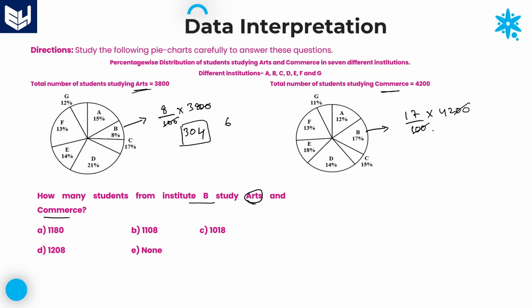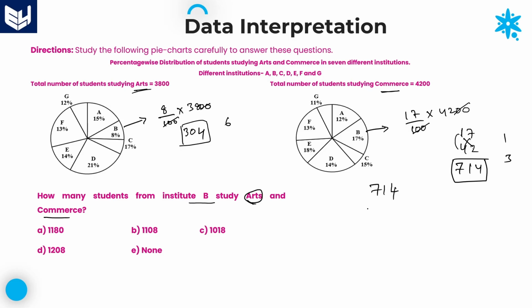Two zeros cancel. 17 into 42. 7 twos are 14, and 1 is carry. 2 plus 28, product of these two and summation of these two. 1 into 2, 2. 4 into 7, 28. 28 plus 2, 30, 30 plus 1, 31. 3 carry, 4 plus 3, 7. So 714. Institute B Commerce 714.